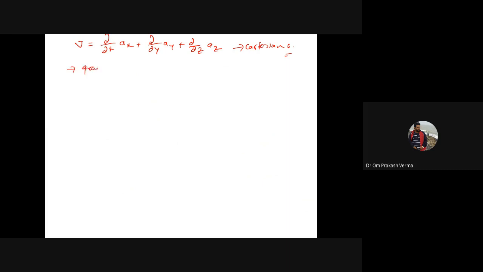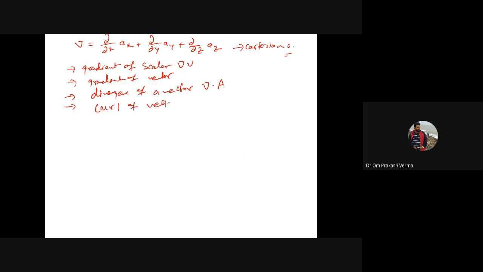We will try to understand first the gradient of a scalar, that is del V. Then the gradient of a vector. Then the divergence of a vector, that is del dot A. Then the curl of a vector A, that is given simply by del cross A. And the last remaining is the Laplacian of a scalar, which is the second derivative of the del operator.